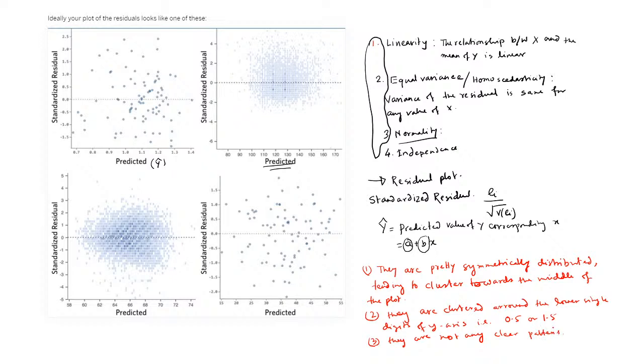So if these things are happening, then the assumption of linearity and the assumption of equal variance or homoscedasticity hold. So from these residual plots we can check whether the assumption of linearity and the assumption of equal variance or homoscedasticity hold or not. If the residual plot looks like this, there is no clear pattern.